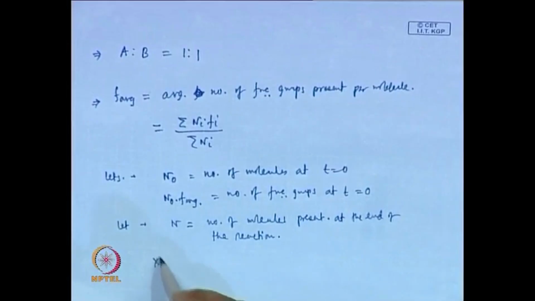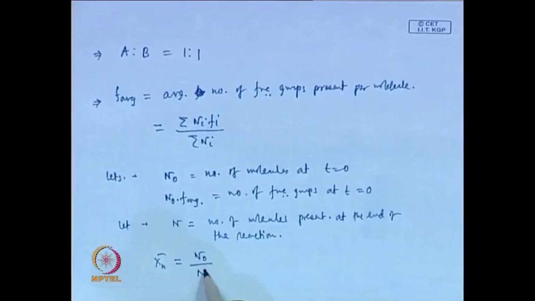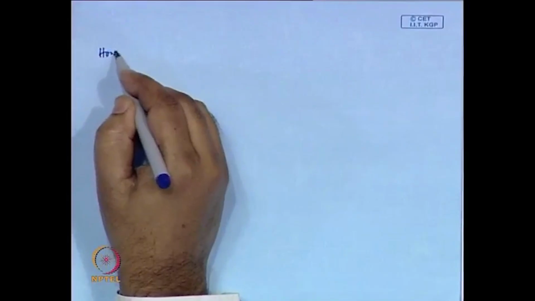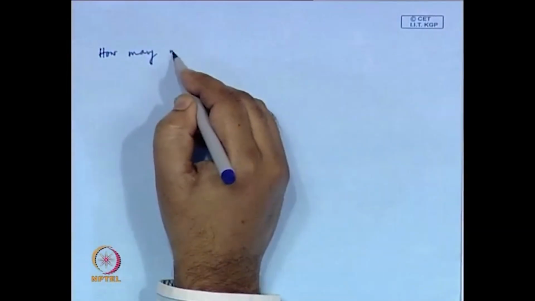So, what would be Xn? As you know from earlier, that is N0 by N. Now, we know that N is the number of molecules present after the end of the reaction, and N0 was the number of molecules present at the beginning. So, how many molecules reacted?